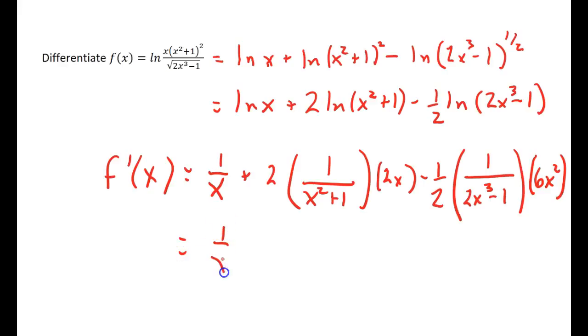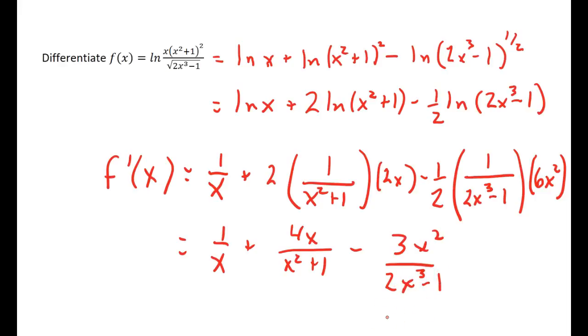And we'll just make this look a little nicer. That's going to be 4x over x squared plus 1 minus 3x squared over 2x cubed minus 1. And that's it. That's how you use logarithms to make easy derivatives.